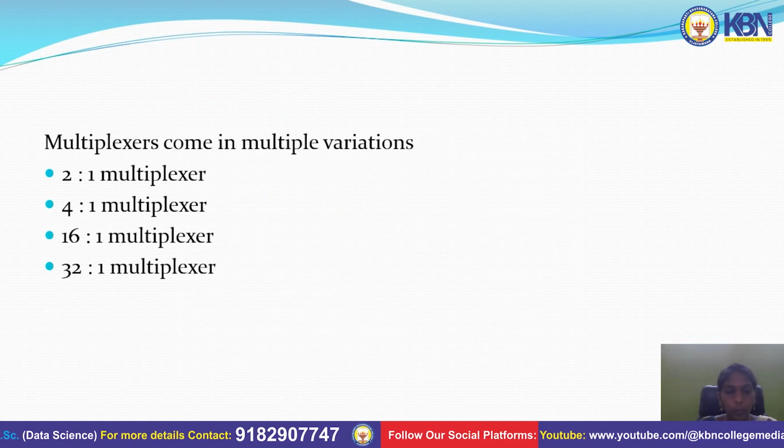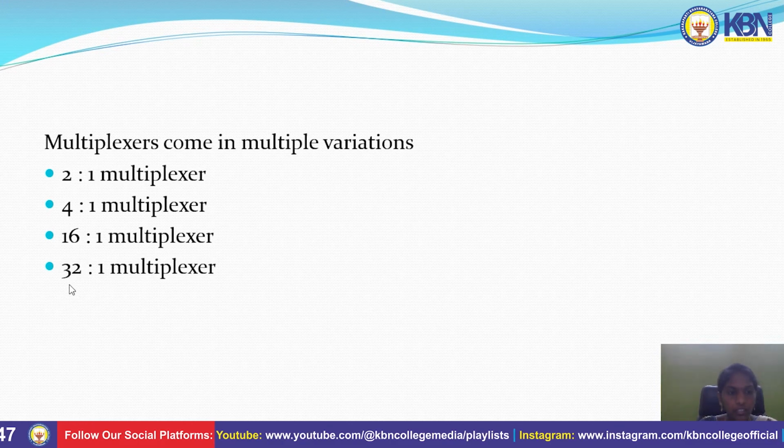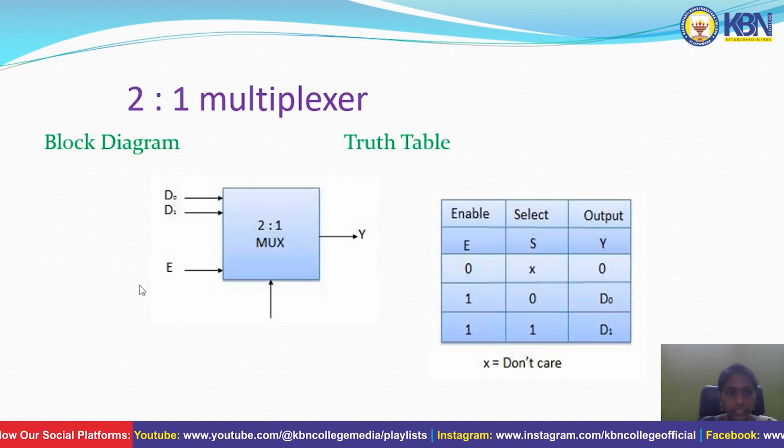Multiplexers come in multiple variations: 2:1 multiplexer, 4:1 multiplexer, 16:1 multiplexer and 32:1 multiplexer. The block diagram of the 2:1 multiplexer is like this.